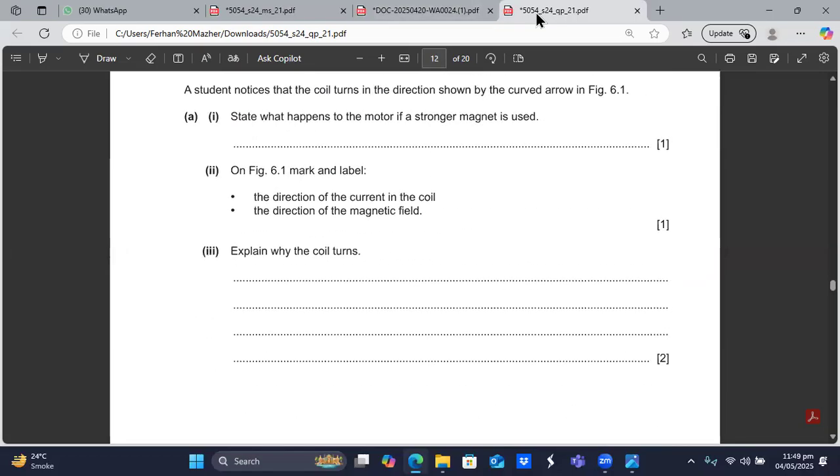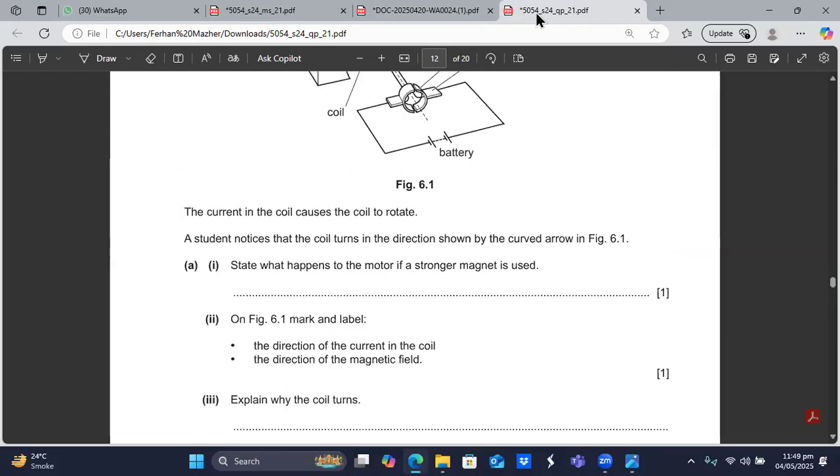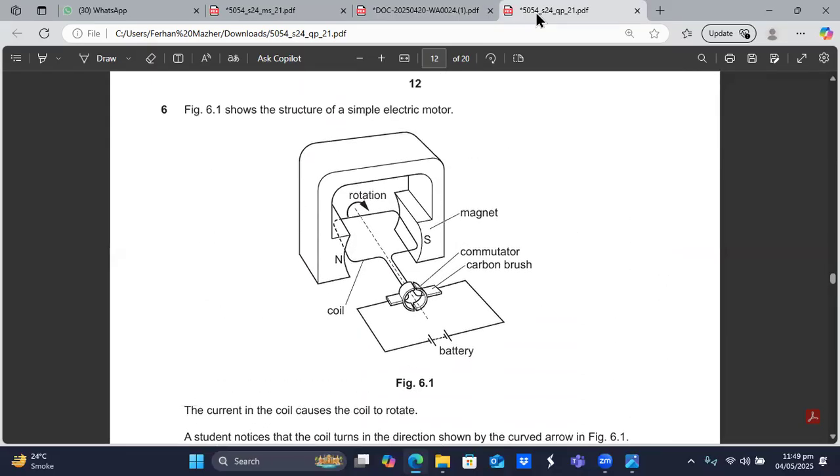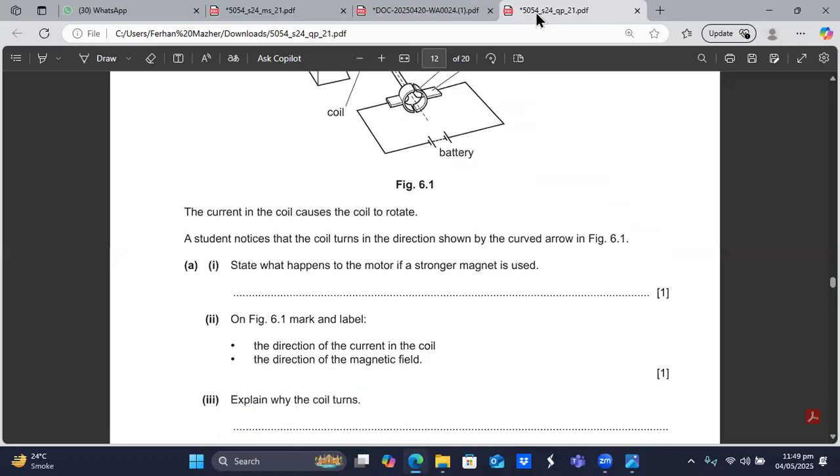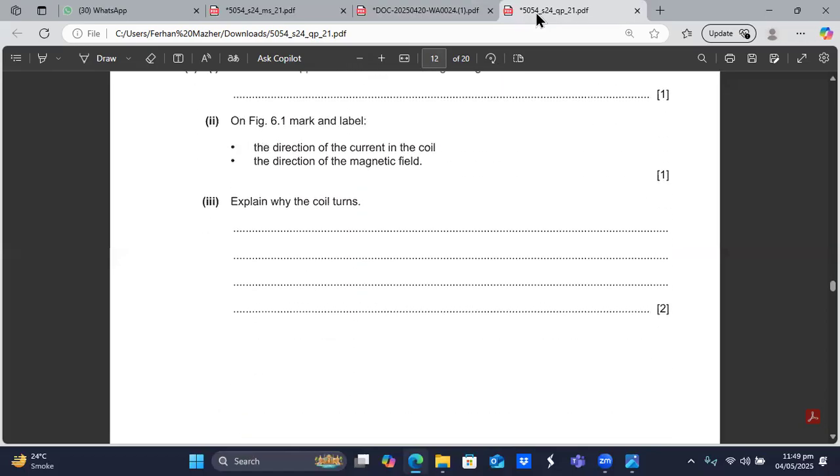Then the question is question number 6, A part, third portion. It says explain why the coil turns. You see, when you pass current through that coil, it is inside a magnetic field. So the side of the coil is a current carrying conductor placed perpendicular to the direction of a magnetic field.